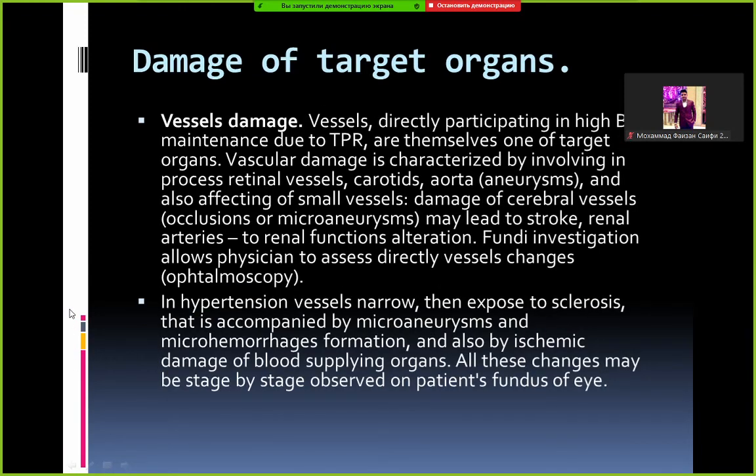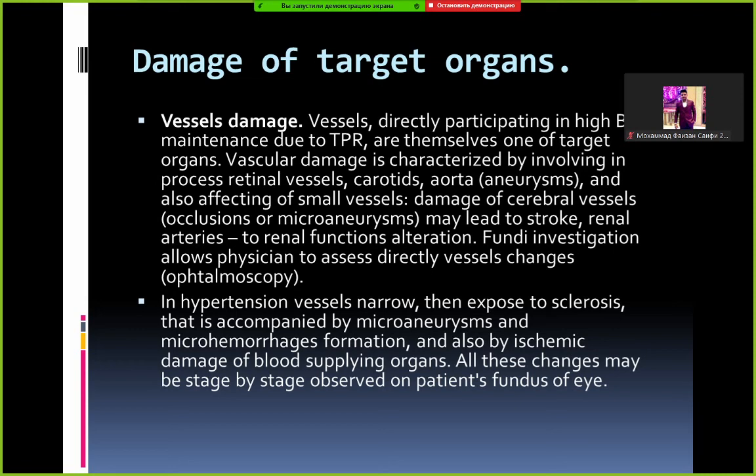Vessel damage. So vessels are also target organ of arterial hypertension. Vessels directly participating in high blood pressure maintenance due to total peripheral vascular resistance are themselves one of target organs.